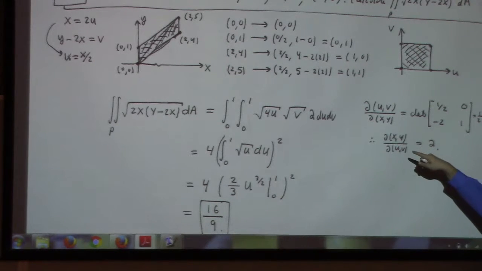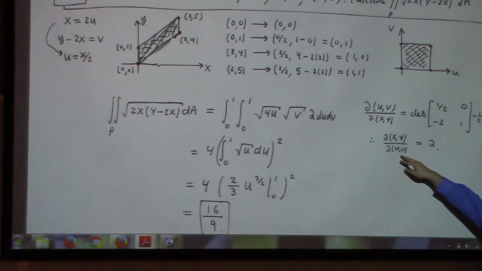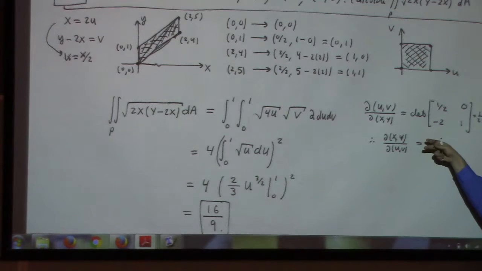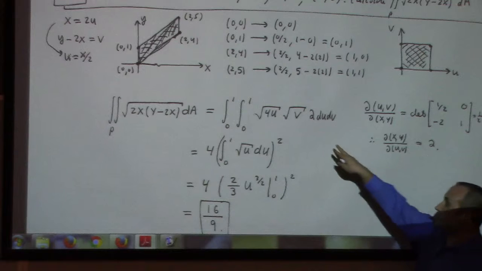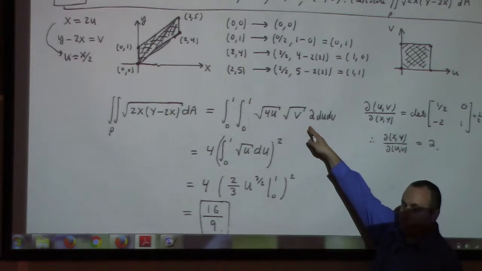But when I'm changing from xy to uv, I actually need the opposite one, right? So you can use the reciprocal rule to get from this one to that one if you want. Alternatively, of course, you can solve those equations for x and y and just take partial derivatives in u and v directly. It's up to you. Whatever floats your boat, the point is we get a factor of 2 when we calculate the Jacobian.